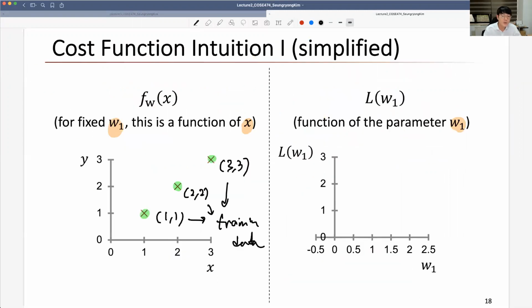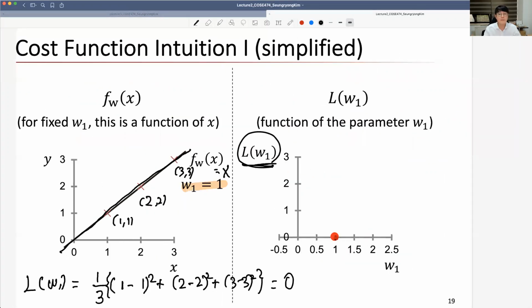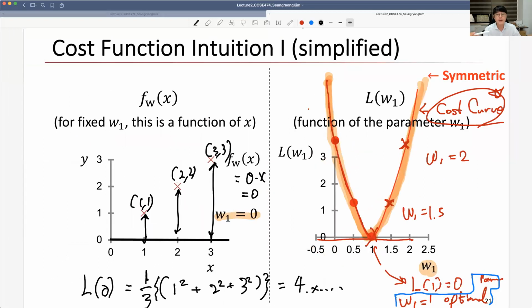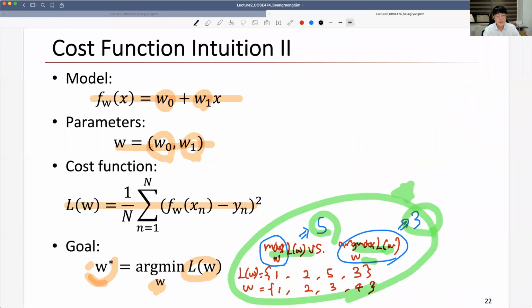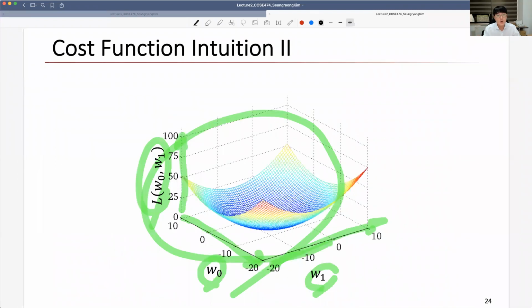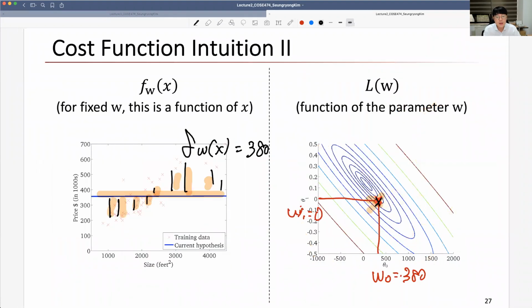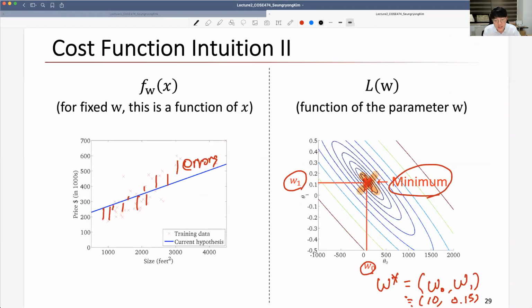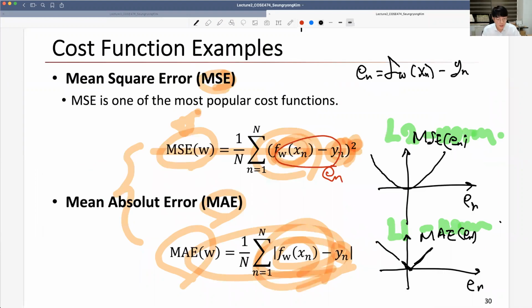Here were some intuitions of the cost function. In the last week, we drew some cost curves. First of all, the cost function should be symmetric. And in the two-parameter case, we can draw the cost surface like this one. Our goal is to estimate the minimum value among this cost contour. There were two very well-known cost examples. The first one is the MSE, mean square error.